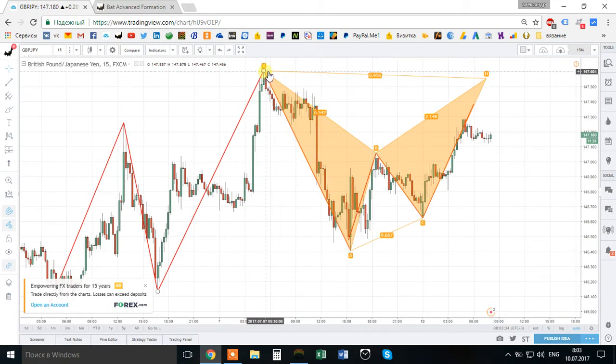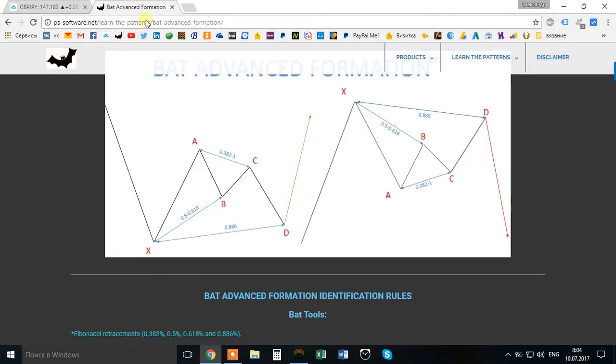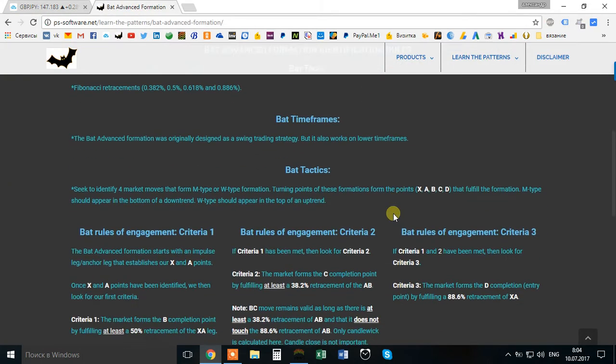Okay, so this number shows you the ratio of the A to B leg compared to X to A. So you should understand this. This is a retracement. AB is a retracement to XA. So the ratio shows that the AB leg is 0.54 of XA.